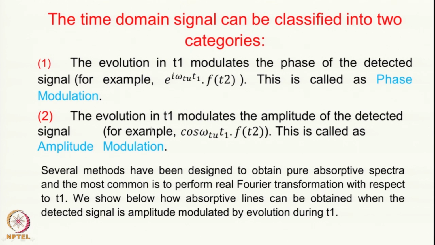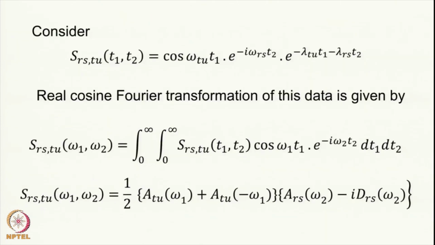We will see that if you have an amplitude modulated signal, you will get a pure absorptive spectrum. Now, several methods have been designed to obtain pure absorptive spectra, and the most common is to perform real Fourier transformation with respect to T1, and it will also depend upon what sort of data you have. So, therefore, we will consider the following here.